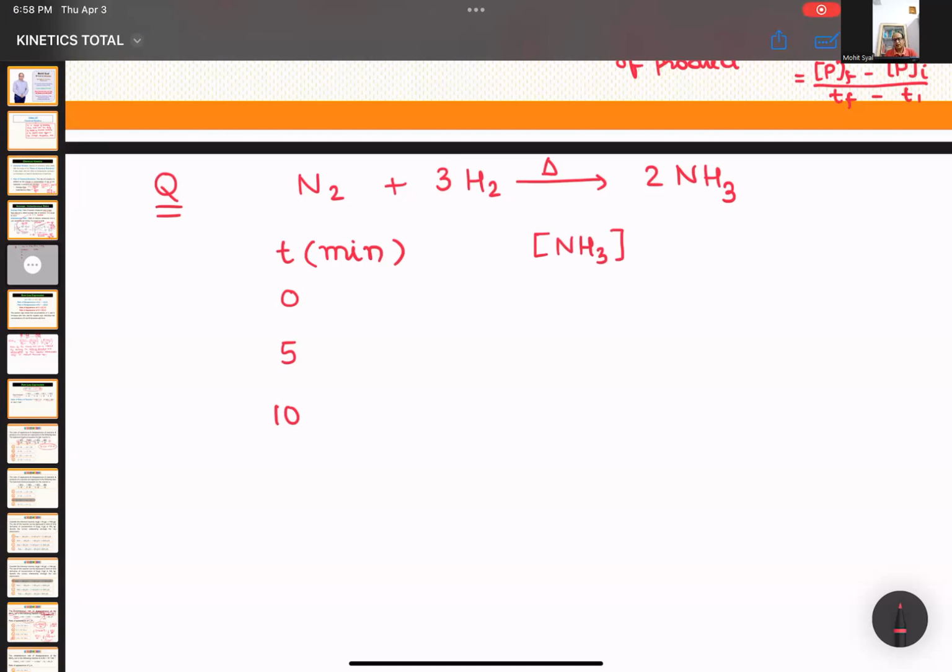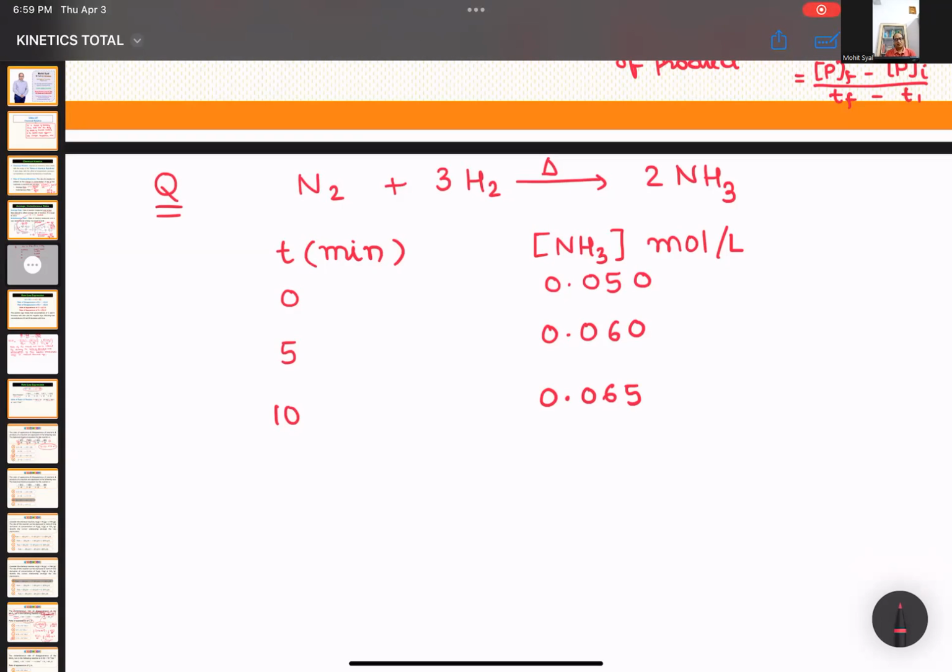It is going to be 0.05. The units are mole per liter. 0.06, and 0.065. Got it?